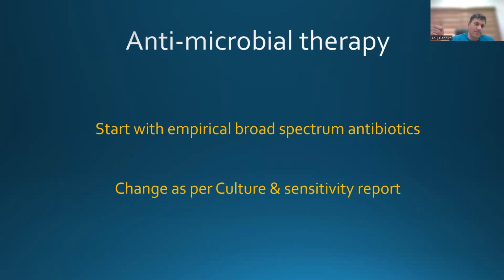After we have established an adequate and safe airway, the next treatment is to start antimicrobial therapy. We've already discussed in the previous slides that Ludwig's angina is a polymicrobial disease, and because of that it warrants the use of broad spectrum bactericidal antibiotics.